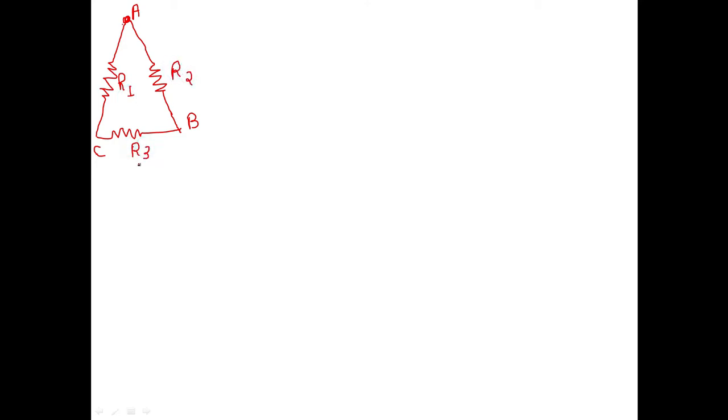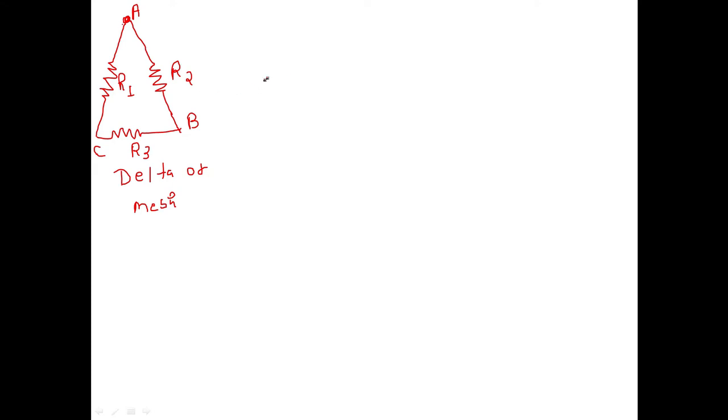This circuit is known as your delta or mesh, because it is in the form of a closed circuit. It is in the form of a delta, so that's why it is known as delta circuit.